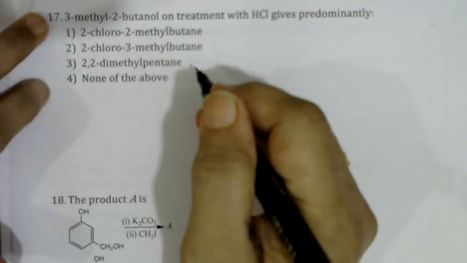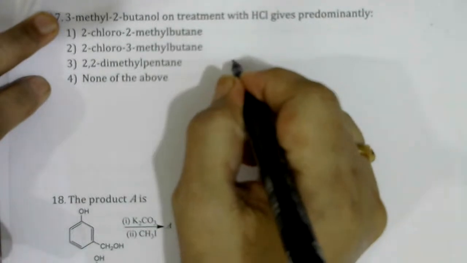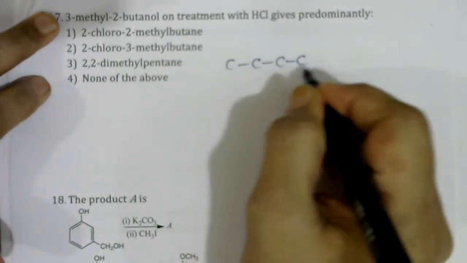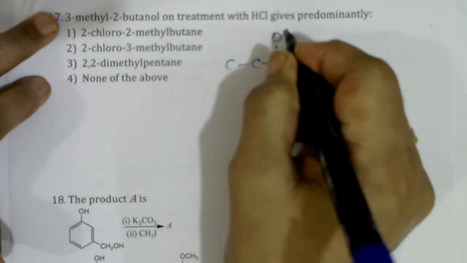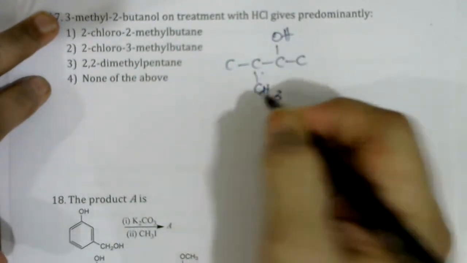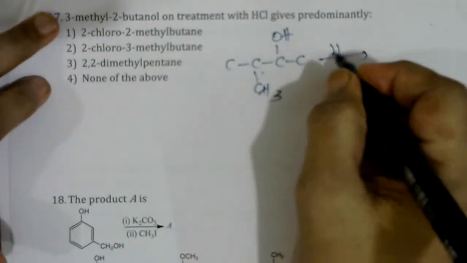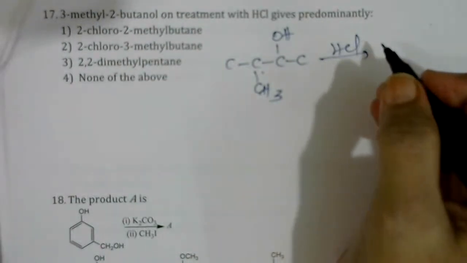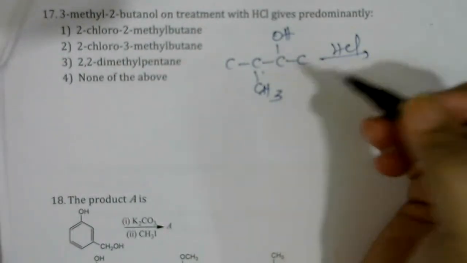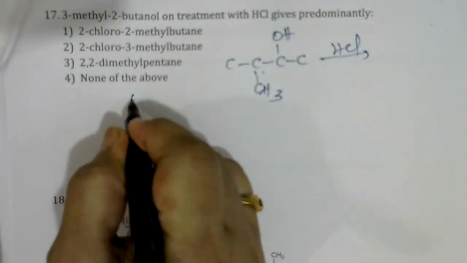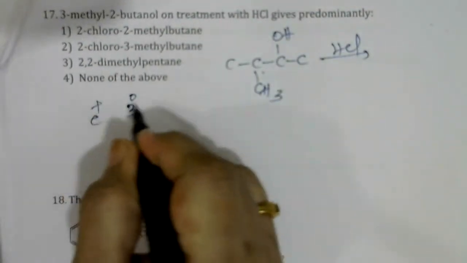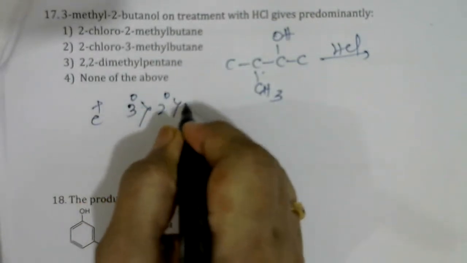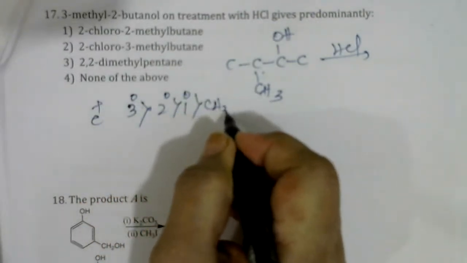Question number 17. 3-methyl-2-butanol. This is 2-butanol with a 3-methyl. On treatment with HCl, always remember that they will follow the more stable carbocation. The order of carbocation stability is tertiary, secondary, primary, and methyl.